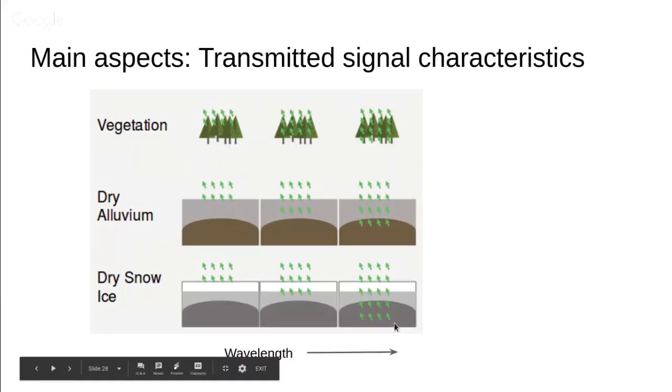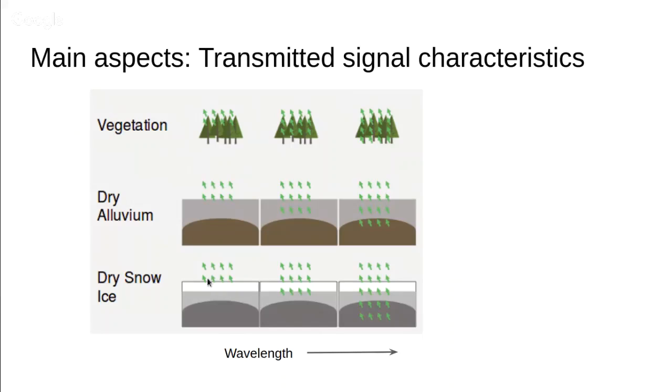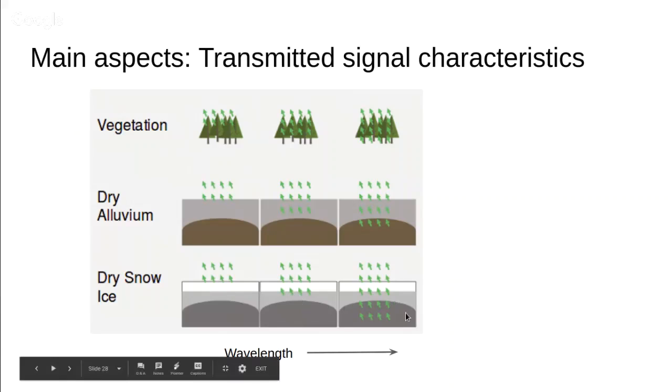So as you use longer wavelength signals in your radar, you will be able to sense characteristics of the target deeper and deeper under the surface. With short wavelengths, the reflection and backscatter will be from the top surfaces. Medium wavelengths will penetrate a little bit, and long wavelengths actually penetrate quite deep into the target.